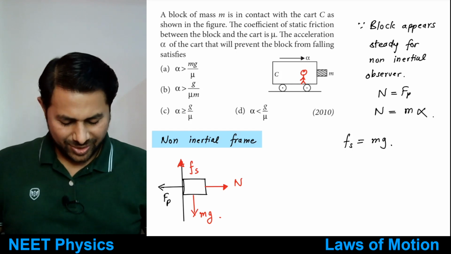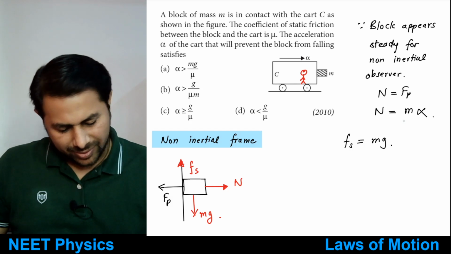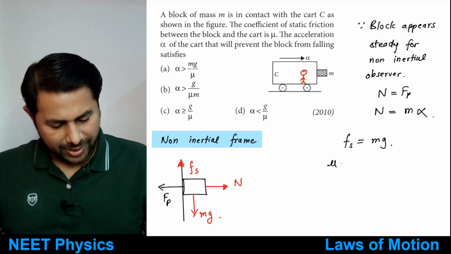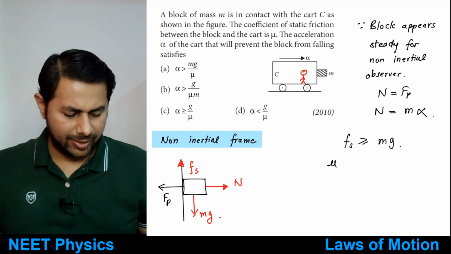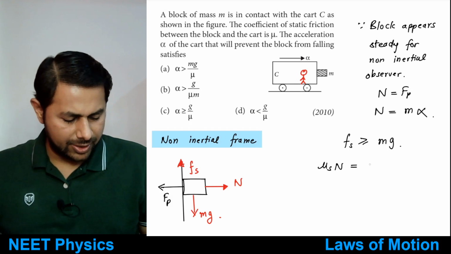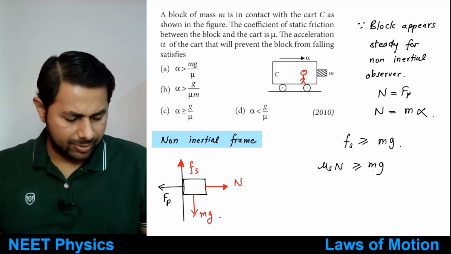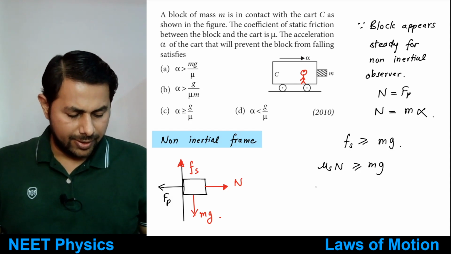So then you have Fs equal to m multiplied by g, and that is mu s into the normal reaction. So Fs must be greater than or equal to m multiplied by g. Fs is mu s multiplied by the normal reaction, it's greater than or equal to mg. If it is not falling down, then it's equal to mg only, right?